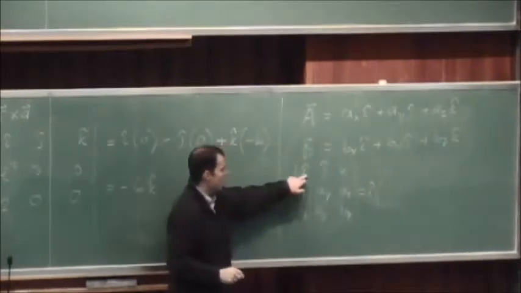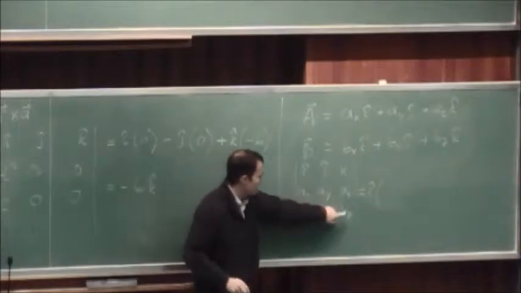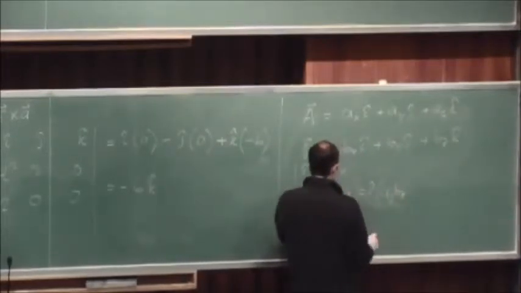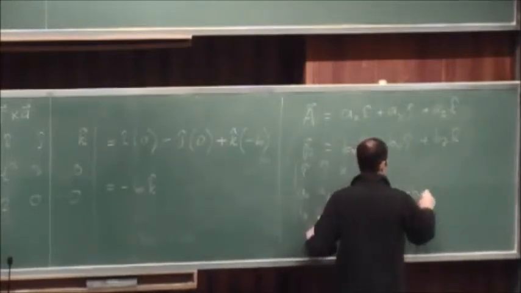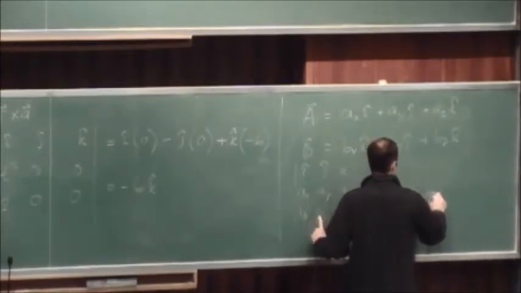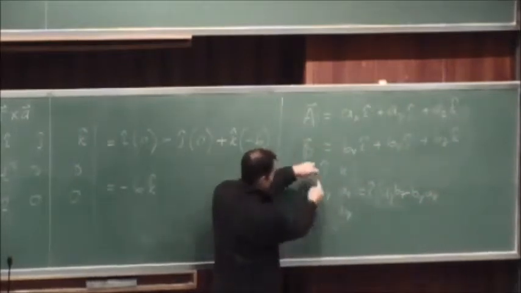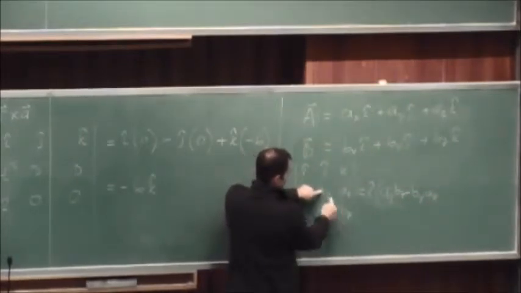What I do is i hat, Ay times Bz minus By Az. So I want to look at this times this minus this times this.